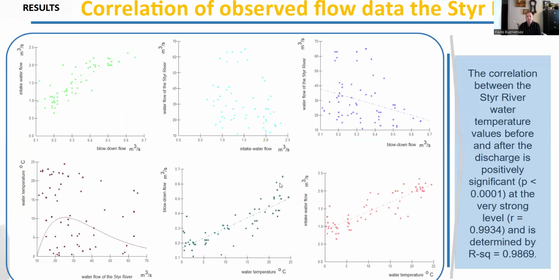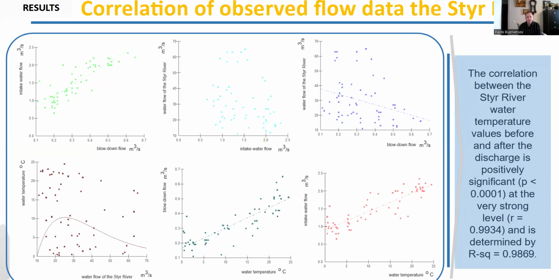The correlation between the Styr River water temperature values before and after the discharge is positively significant at the very strong level. The Pearson correlation coefficient is 0.1134.